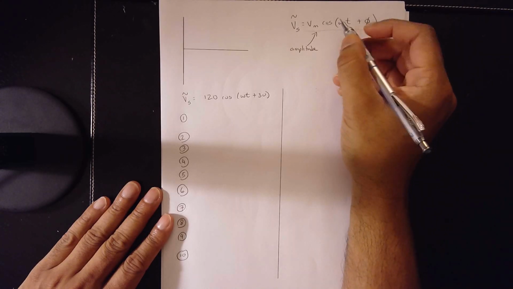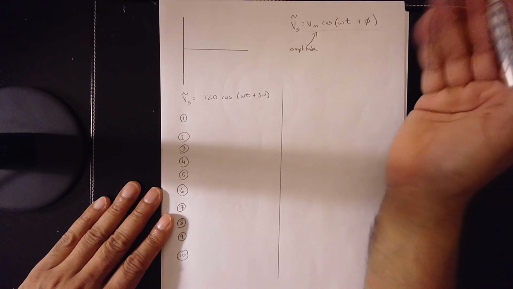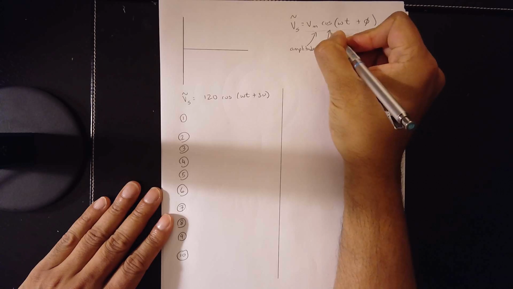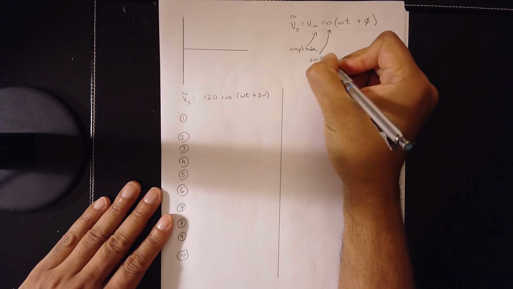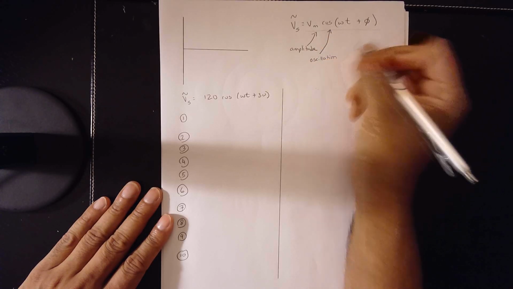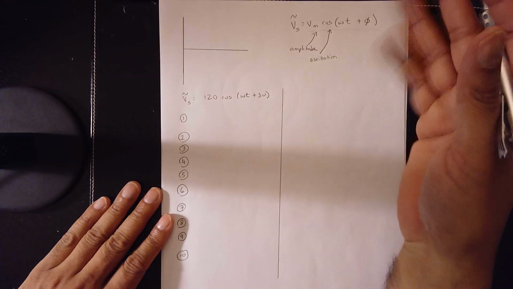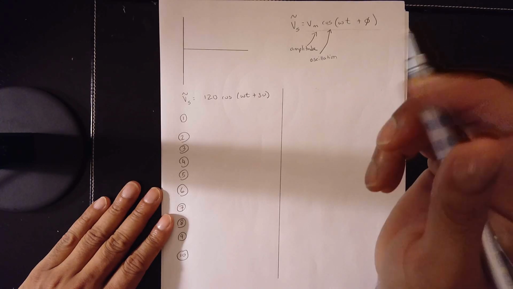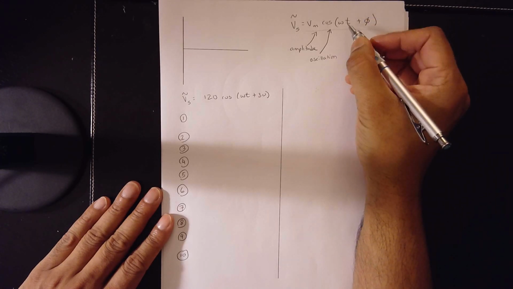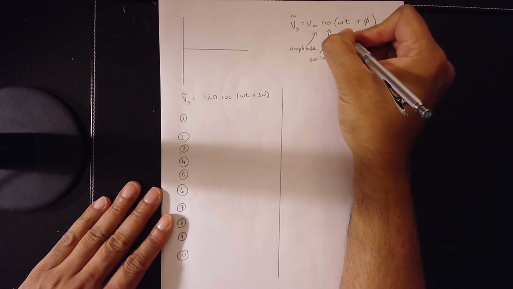When you see a cosine or sine, it really means oscillation. Something is repeating itself, a pattern is repeating itself. It's oscillating. It's a wave. Your omega is simply your angle.